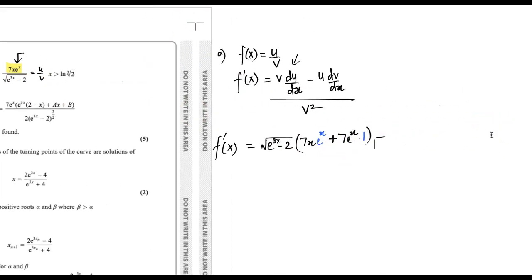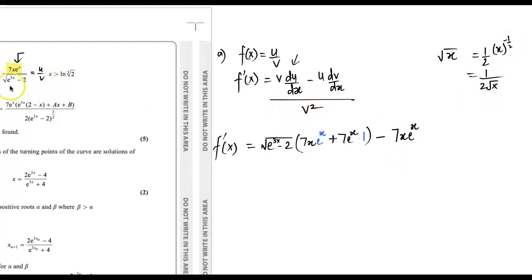Minus, now we're going to be keeping the top number the same, 7x e to power x, and differentiating the bottom one. So if you differentiate root x, what do we get? Half x to the power minus half, that can be written as 1 over 2 root x, right?